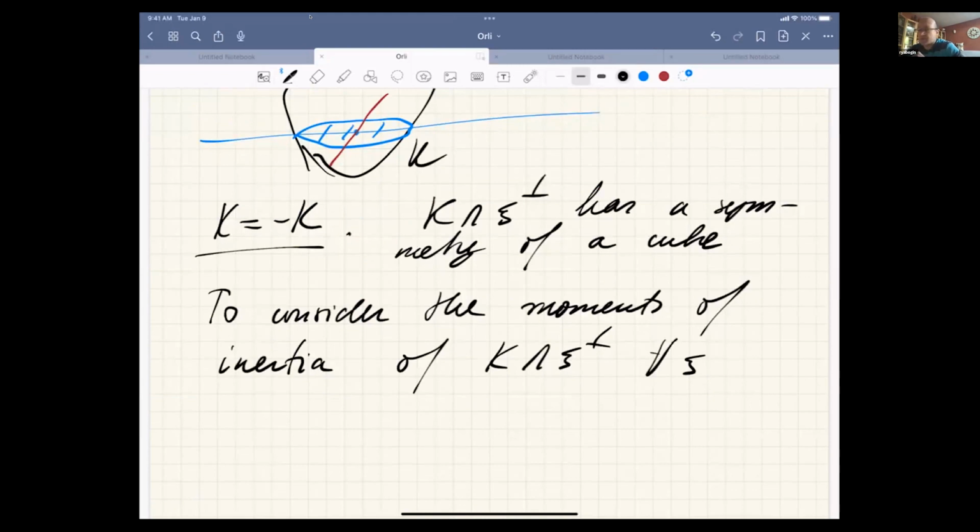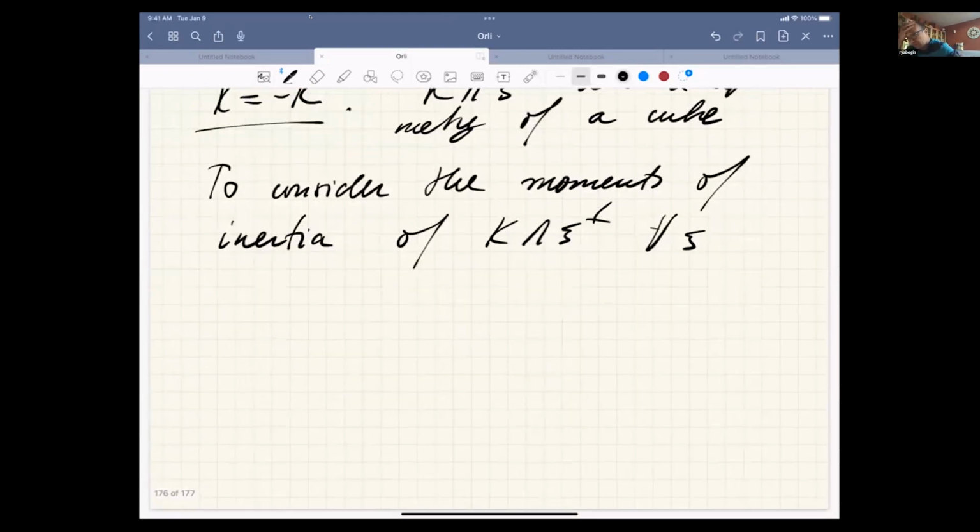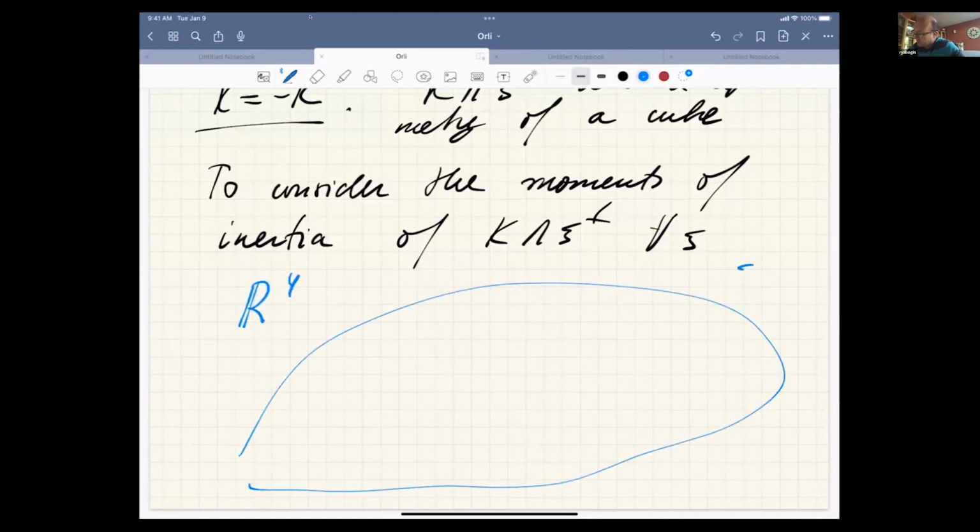So the question arises what happens with other symmetries. I talked about the symmetry of the cube, but you can assume another symmetry. For example, you live in R4, you have your section, this is your psi perp, that is like R3, and you have some direction, and then you have a symmetry, for example of some pentagon: you rotate about this axis 5 times and you come back.